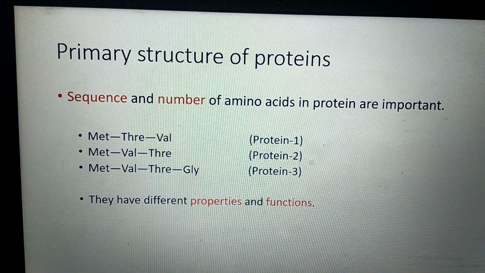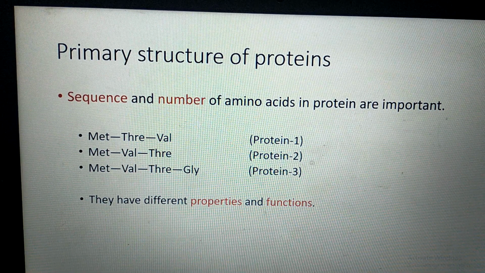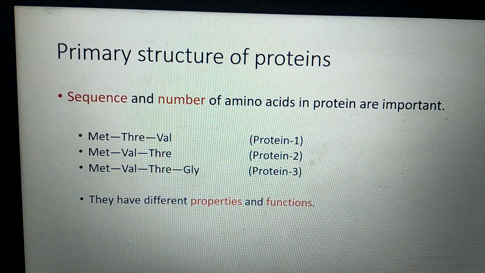That we can study by example of sickle cell hemoglobin, where only at 6th position of beta globin chain glutamic acid is replaced by valine, that is sequence of amino acids changes. Therefore the property and function of hemoglobin S is different from normal hemoglobin A.